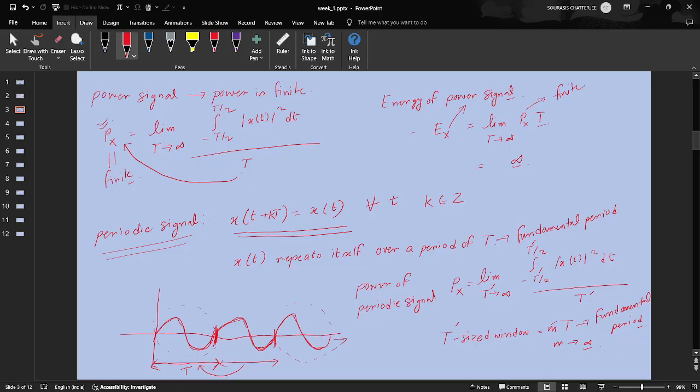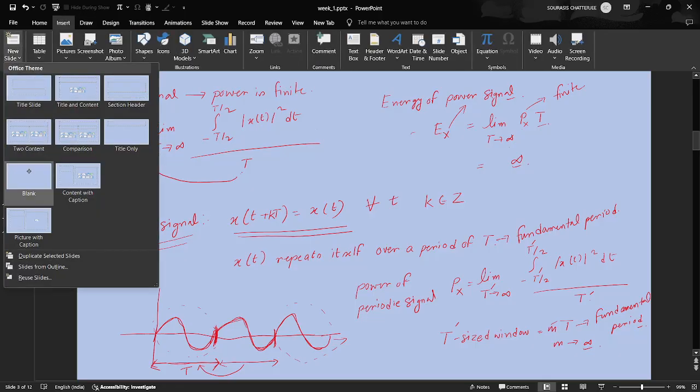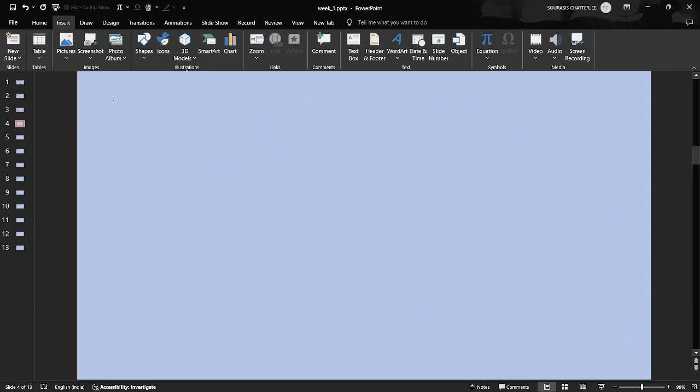So let me introduce a new slide here. What we have now is this Px, which is the definition for the more generic class of signals, that T dash tends to infinity, integral from minus T dash by 2, |x(t)|² dt divided over T dash.